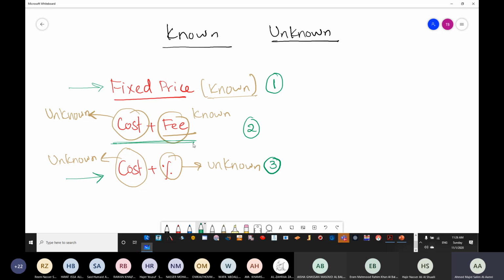Okay, the higher is going to go always the cost. You will not give a person a profit more than the amount of work. So of course the cost is going to be higher.